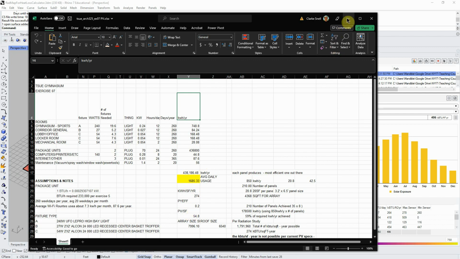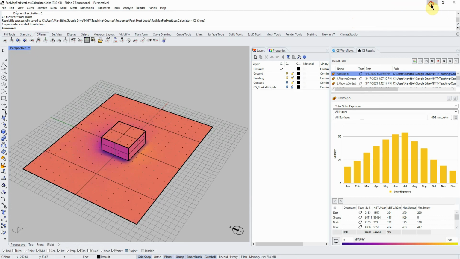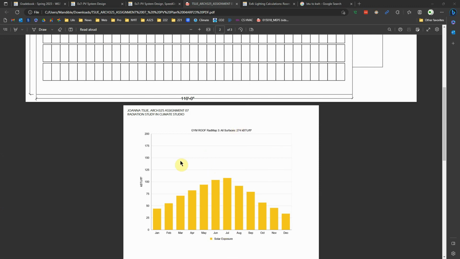However, if we look at what you're using here, it's actually kBTUs per square foot. So we're using the wrong unit. We have to convert from kBTUs per square foot to kilowatt hours per square foot.